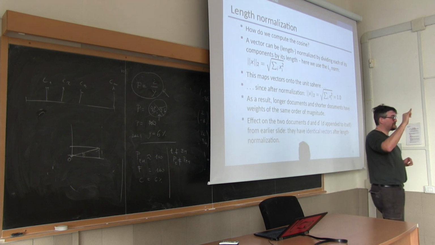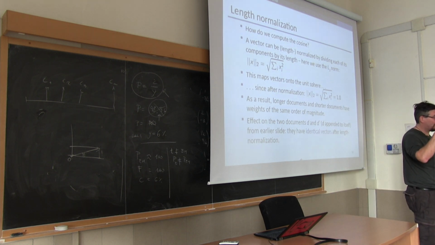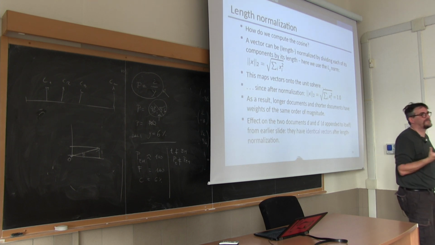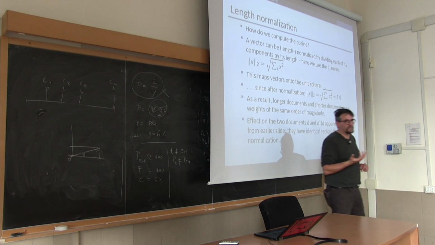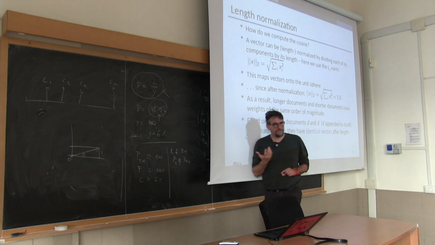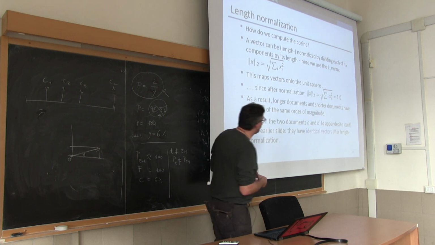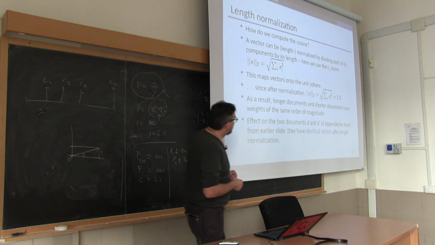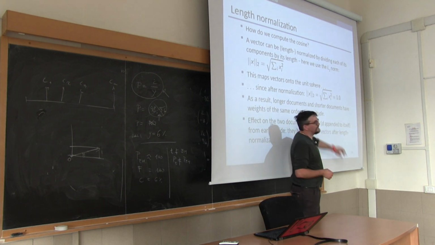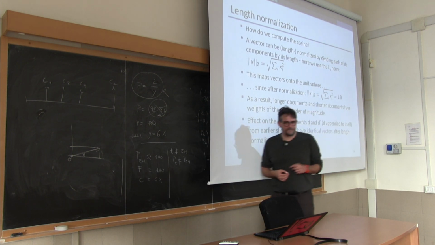Notice that we are changing the length, but not the angle, which is the main information we need in order to implement our ranking system. So after normalization, we have unit vectors.